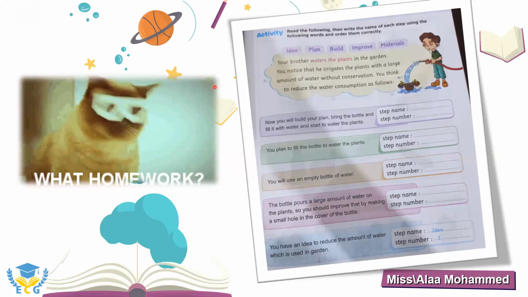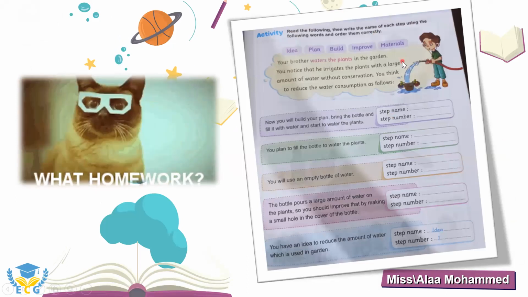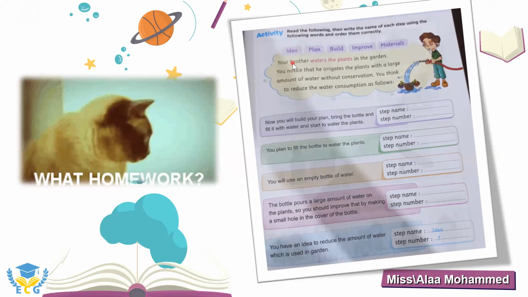What homework for today's lesson? It's page 69, and I hope you can read it and solve it very well. Here we have a small boy watering the garden who irrigates the plants with a large amount of water. You see, it's a large amount of water for this small flower.